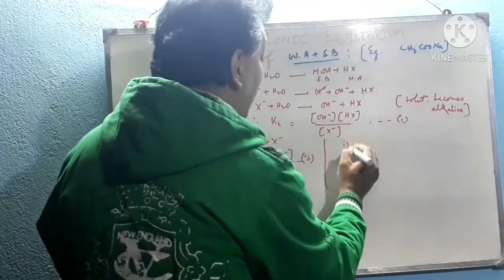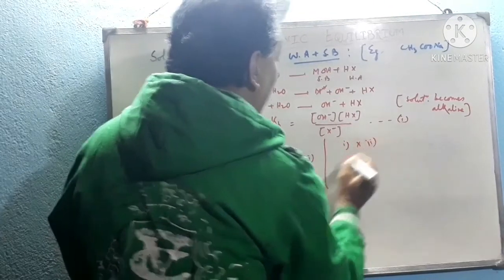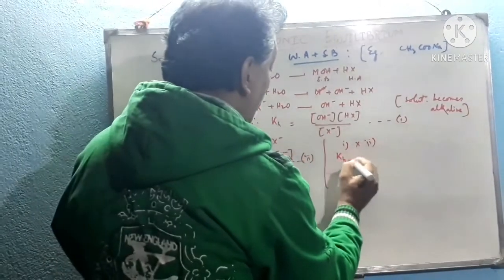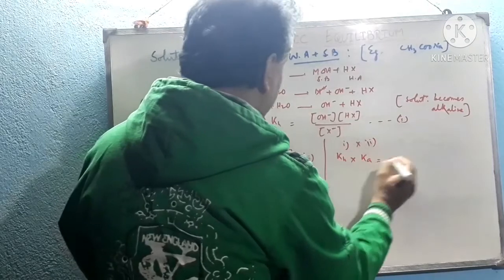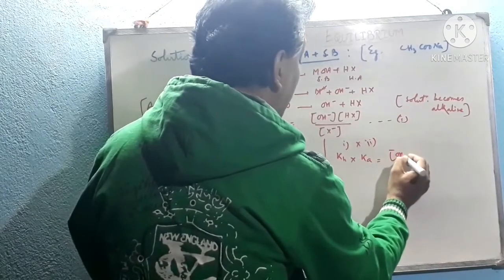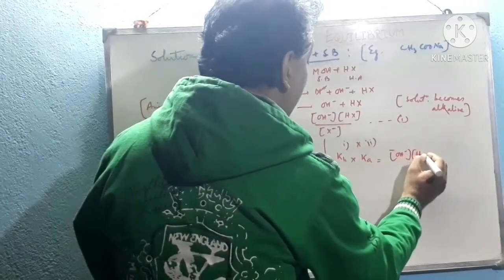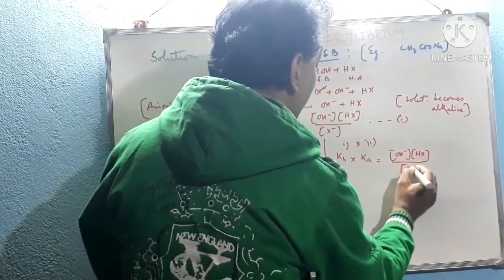Now multiplying these two, 1 into 2, we get Kh into Ka, which is equal to [OH⁻][HX]/[X⁻] for Kh, and [H3O⁺][X⁻]/[HX] for Ka.